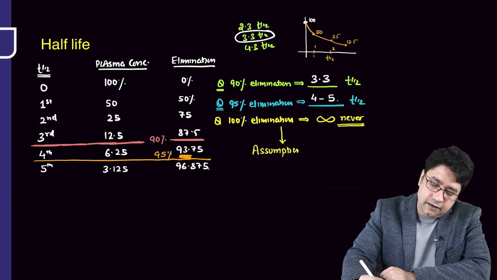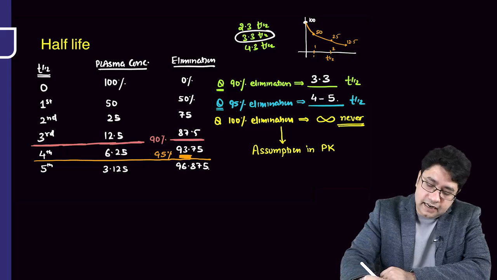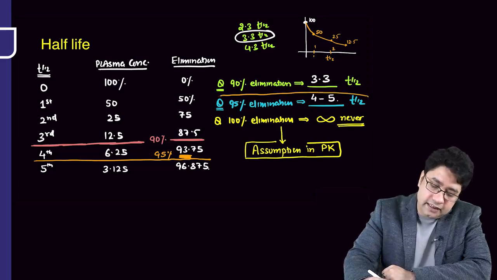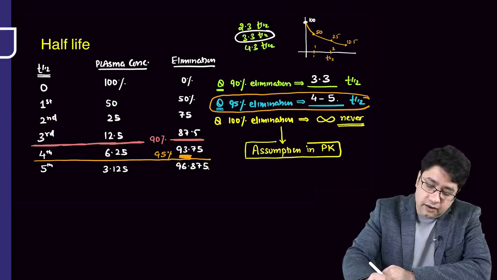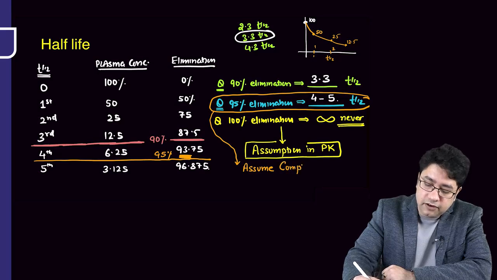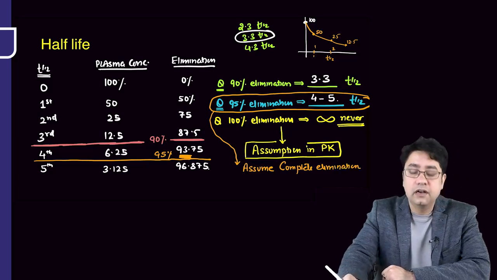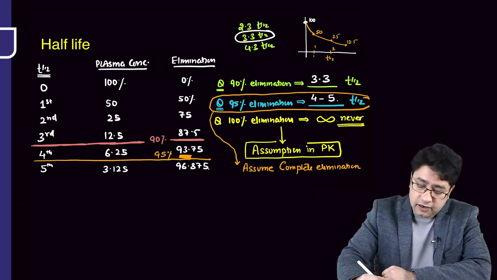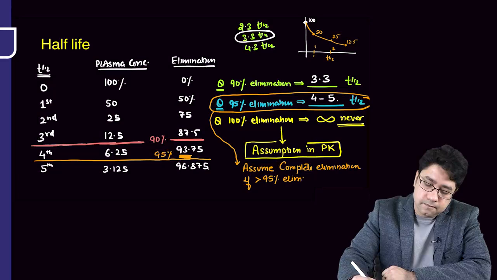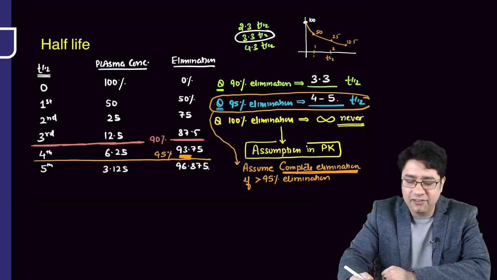So that assumption in pharmacokinetics is that if a drug is more than 95% eliminated, we assume complete elimination of a drug. So now can you tell me complete elimination of a drug occurs in how many half-lives?